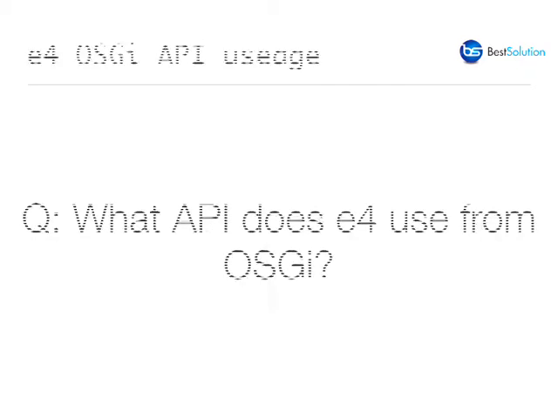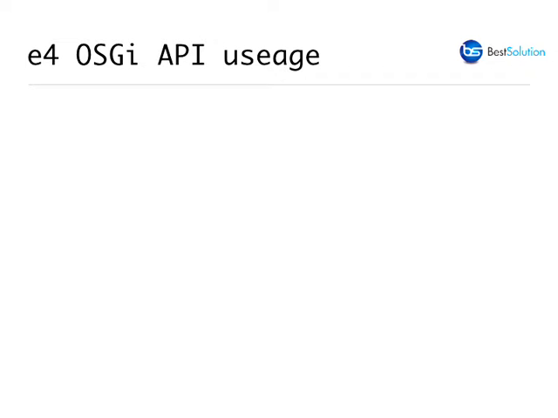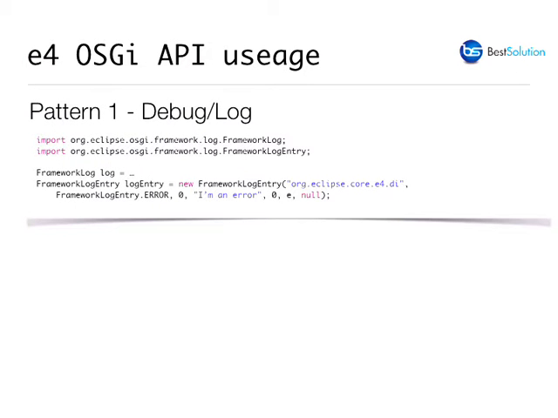But Eclipse 4 itself has some API usages of OSGi. The first very common one is logging. So we depend, for example, on framework log from Equinox to do logs. On the other hand, we have a lot of Java logging libraries. Most people in your code are probably not using OSGi logging.